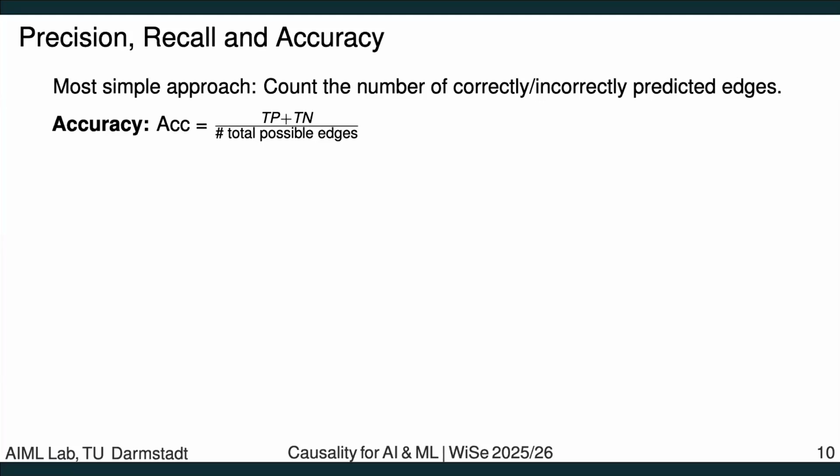So n squared is the normalization term, and then you check for every correctly or incorrectly directed edge. Does anyone see a problem with that, where this might fail?